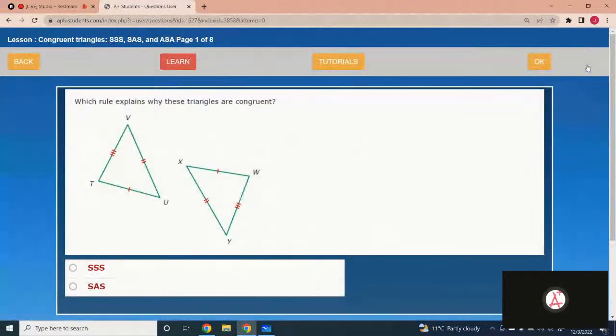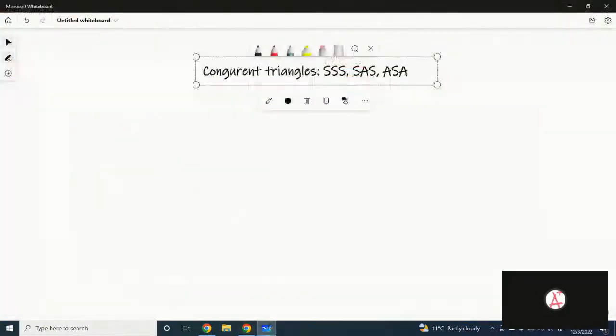Got it? Okay, just look at the question given. Here you have all three sides congruent. UT is congruent to WX.